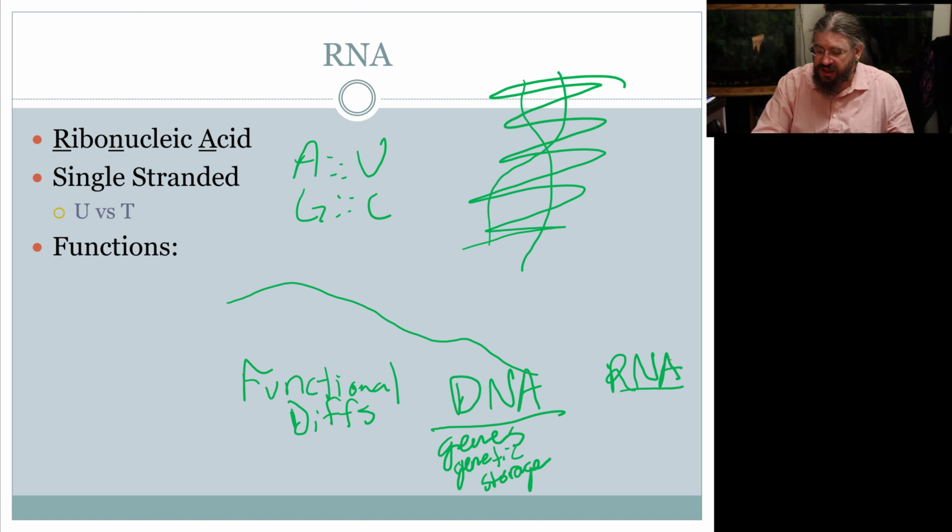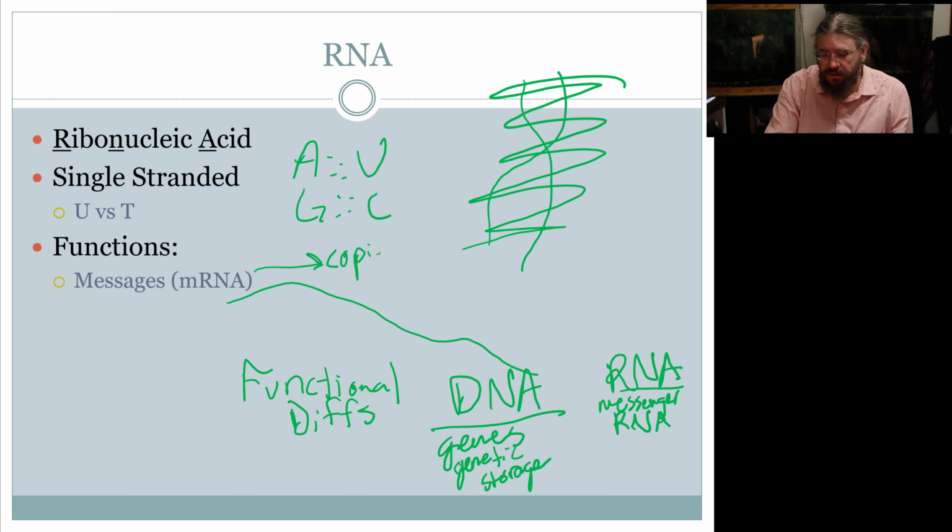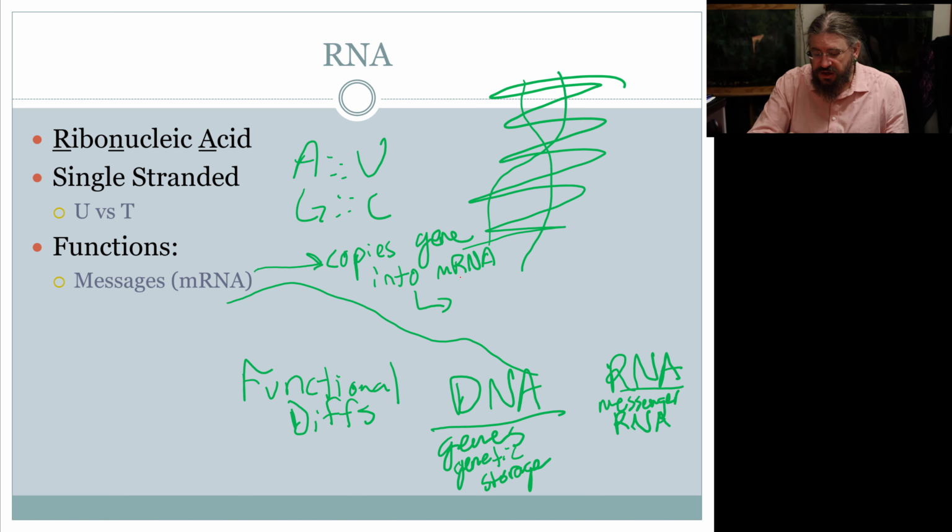So mRNA, right, copies a gene into mRNA and then sends it to get the protein made, right? So it goes nucleus to ribosome. That's going to be coming up in the next lecture, so might as well give it a mention here.